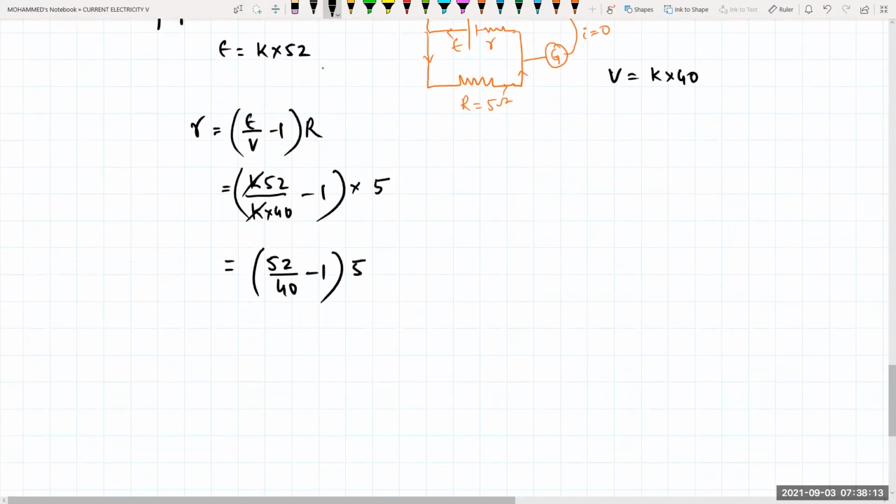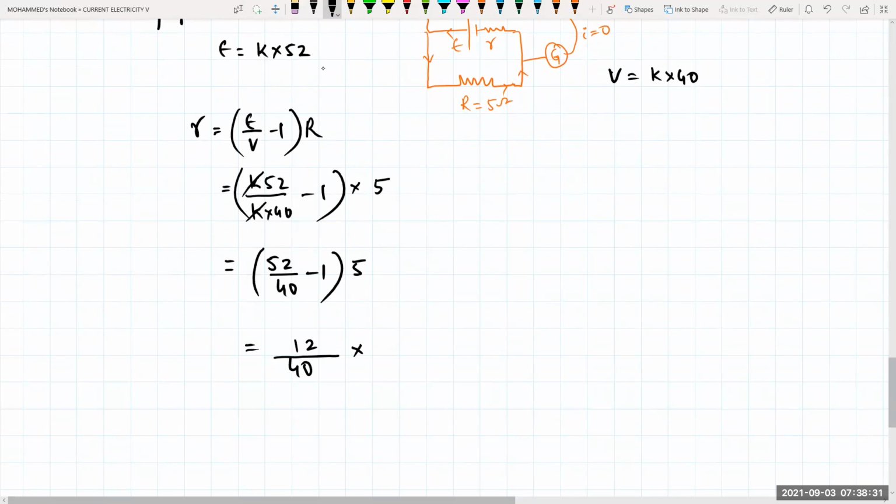52 divided by 40, how much will it be going to? Can you tell me? LCM will be 40. This is 52 minus 40, that will be 12.